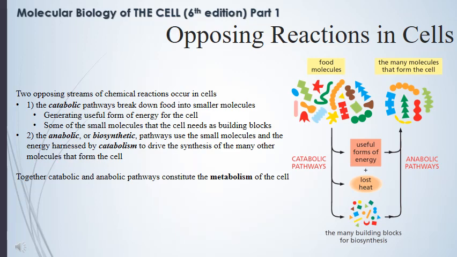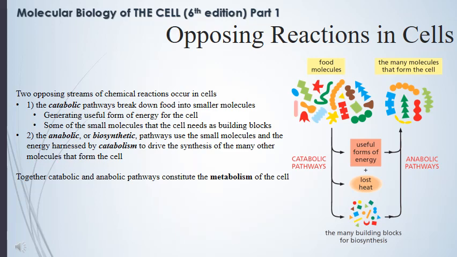One is the catabolic pathway, which is basically eating food, breaking it down to smaller molecules, harnessing the useful energy. Of course, some of it is lost as heat. And then basically breaking it down to small molecules that the cell can use to rebuild proteins that it needs.